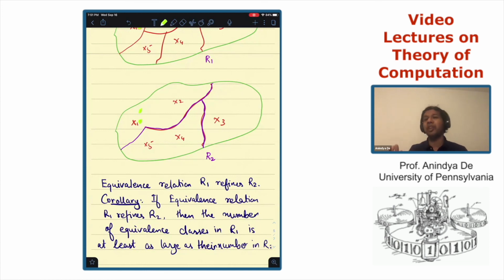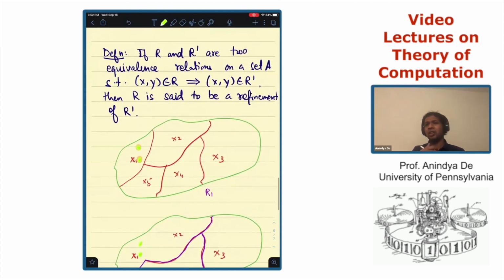R1 might have infinite number of equivalence classes, but if R1 also has finite number of equivalence classes, then the number of equivalence classes in R1 is at least as large as that of R2. And this is basically just the obvious corollary of the definition of a refinement of equivalence classes.